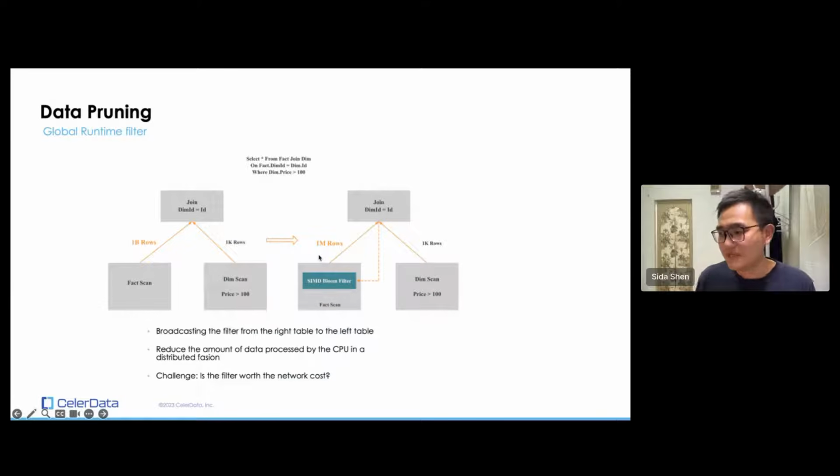But this is a little more complex than just that, because sending this Bloom filter over has its cost as well, right? Is the cost of sending the Bloom filter worth it? That's a question that our cost-based optimizer needs to answer, right? So is the filter worth the network cost? Probably yes, probably no. Right? And this is something we've optimized for a very long time.